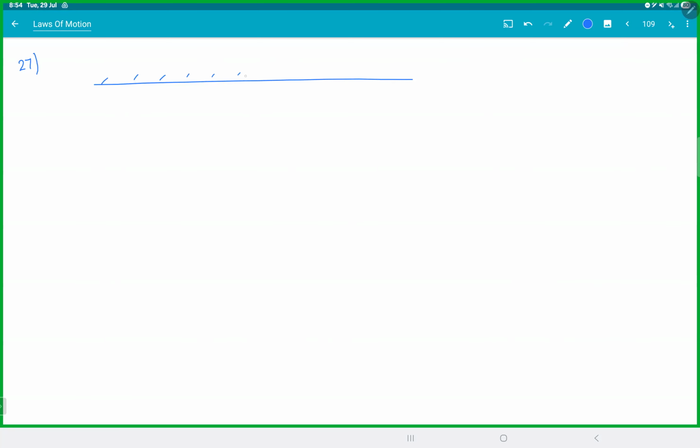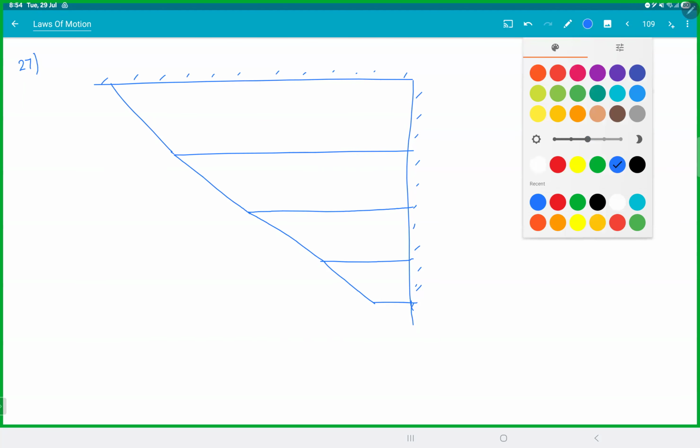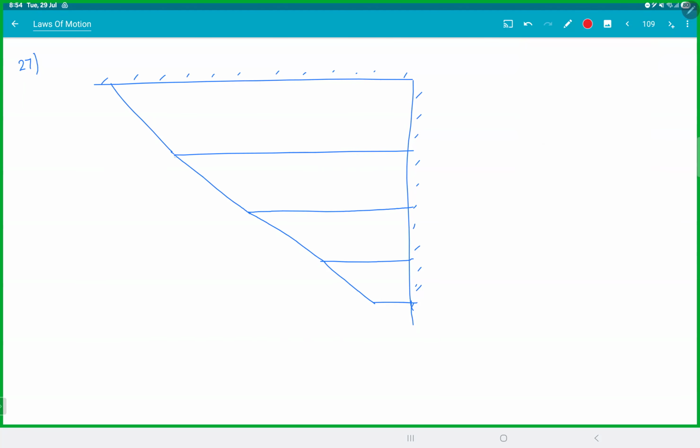Anyways, so let's say you have a string. So let's say we have multiple strings like this, and you're hanging blocks here.